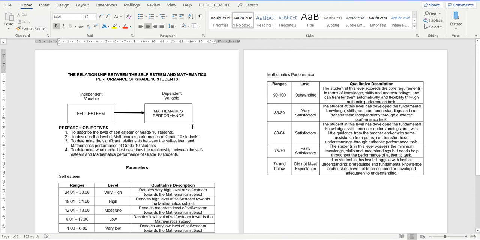It is very important to understand the conceptual framework because out from the conceptual framework, we are going to construct the research objectives as well as identify the statistical tools to be used in our research.